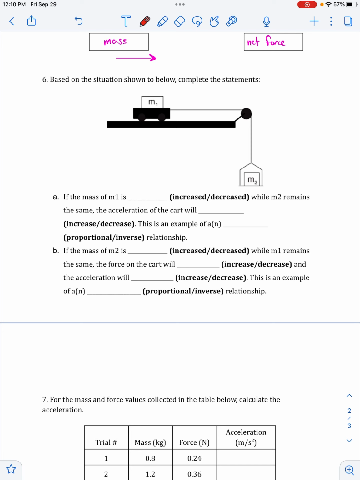So we can say that if m1 increased while m2 remains the same, the acceleration of the cart will decrease, right? If this mass here increases, the cart is actually harder to pull, and so this would decrease the acceleration. This is an example of an inverse relationship, right? Because as the mass goes up, the acceleration goes down.